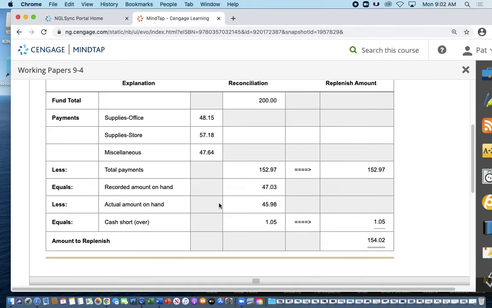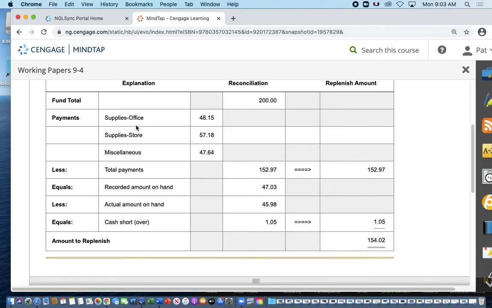The actual amount on hand, we literally count the money, and we only have 45.98, so we're short $1.05. So we need to add that $1.05 to our bills so that when we write a check, if you were writing on this, I would put cash here, I would put expenses here, and I would put cash short, debit, overs credit here.